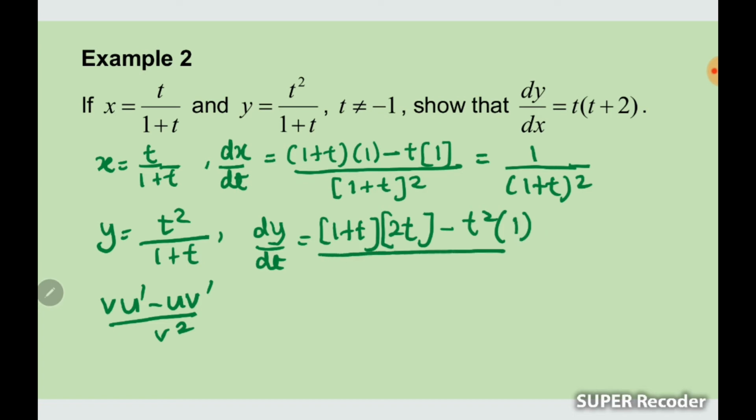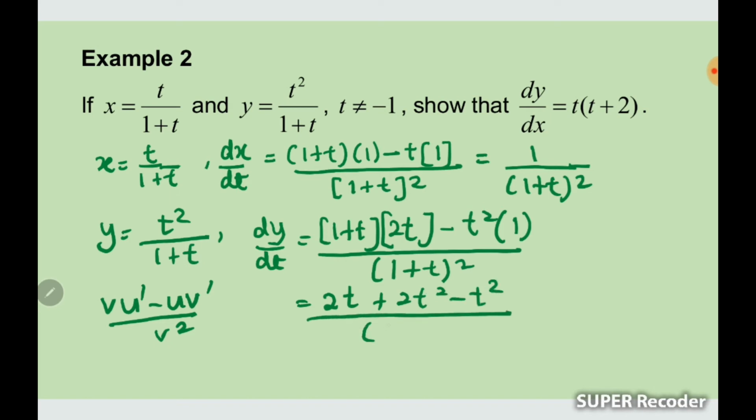You need to divide by v squared, that is (1 plus t) squared. So simplify, you will get 2t plus 2t squared minus t squared over (1 plus t) squared. So simplify to get the answer, 2t plus t squared over (1 plus t) squared.